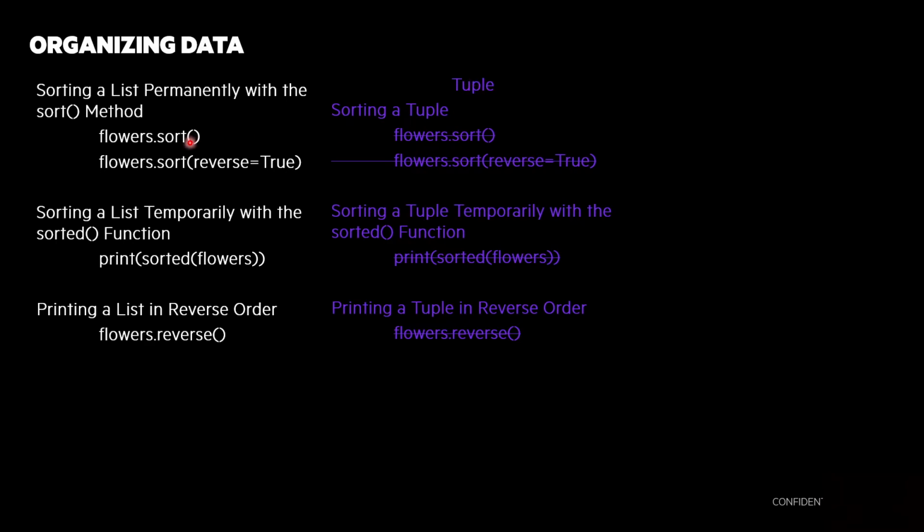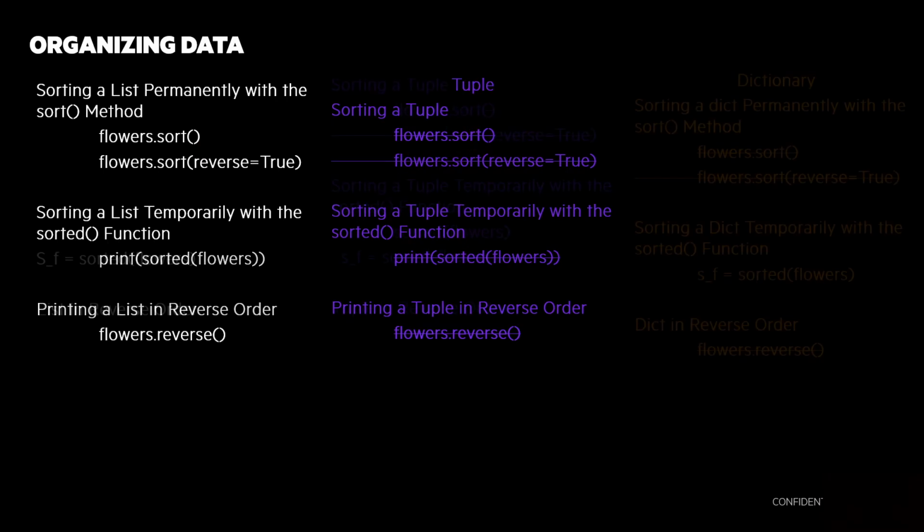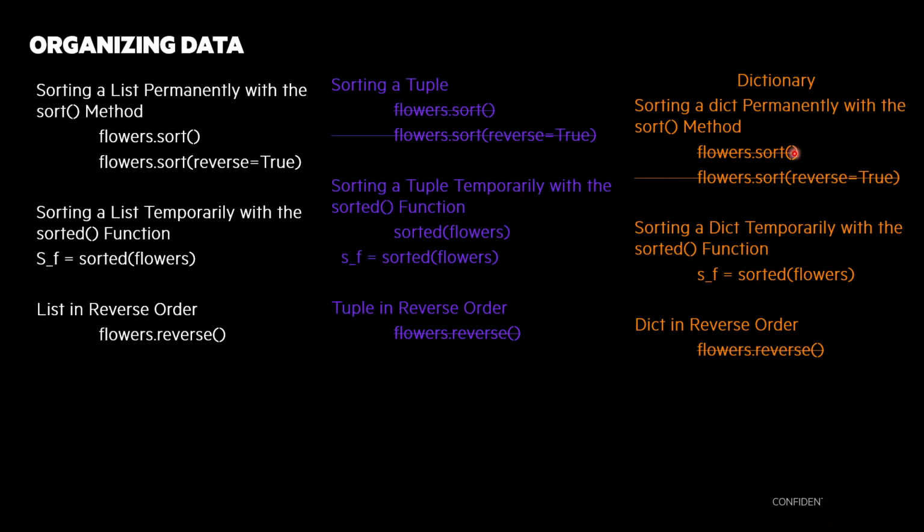So sort is going to sort the data, but it is not supported for the tuple. For dictionary, there is no order, so there is no point sorting them. The sorting in the memory, which we do on the list, we can do on the tuple, and we can do the same thing on the dictionary.